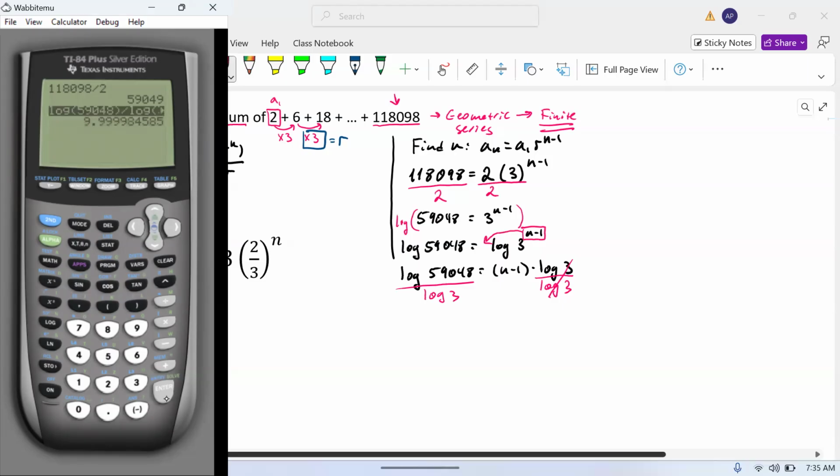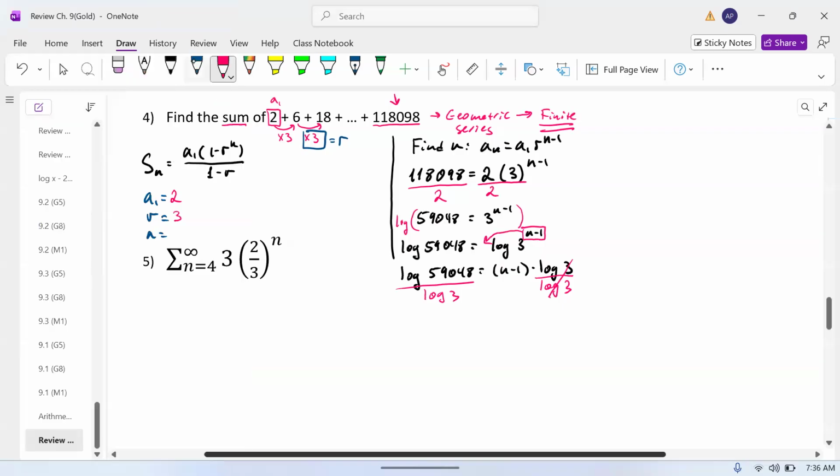I'll fix that in a second. Okay, so if it's 49, then we get just 10. Okay, that makes much more sense. So let me fix this. So this would be plus 49. Okay, so we get 10 equals n minus 1, and then we just add 1 to the other side. So therefore, n equals 11.